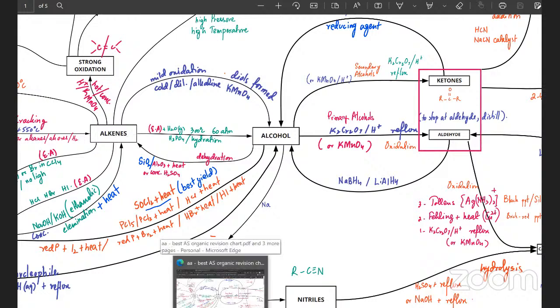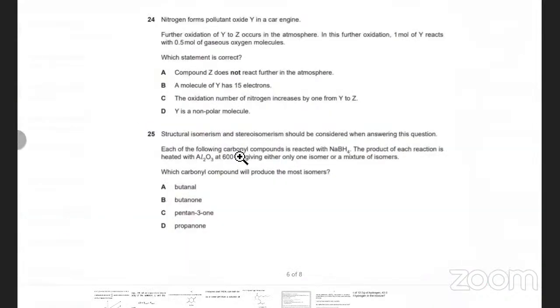So if we go back to the question, the first part would be reduction, and then it would be turning into an alkene. So starting with the first one.